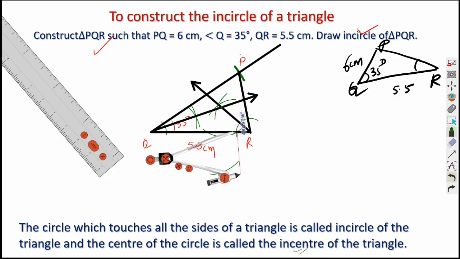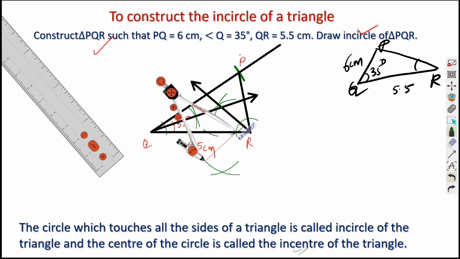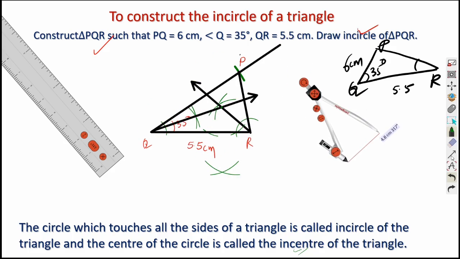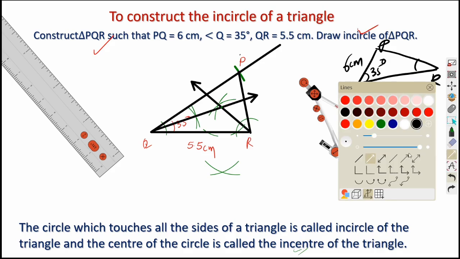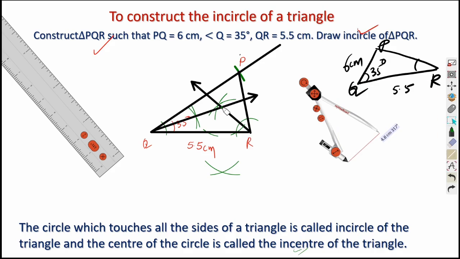Take the compass to the other point, mark here, again with ruler. Here I am taking this for saving time. Connect this point to this, this is the perpendicular.